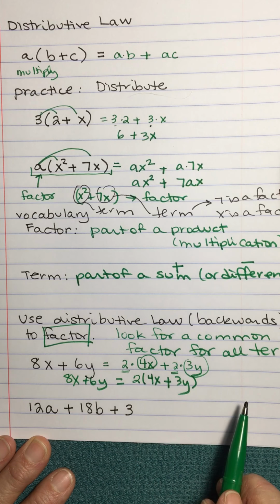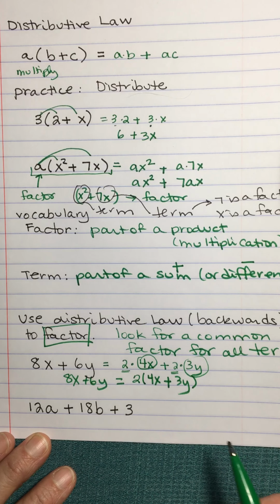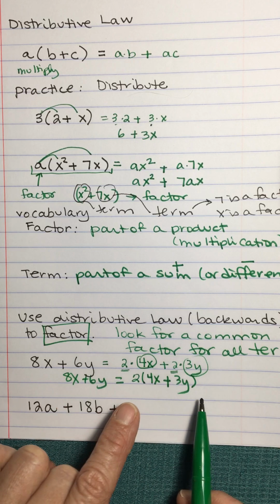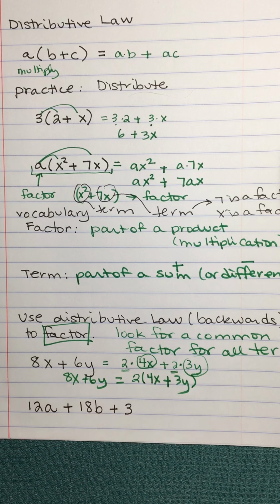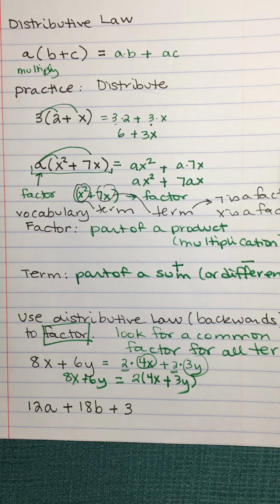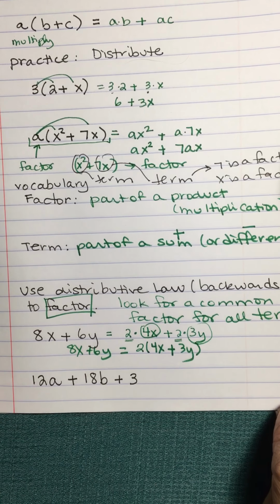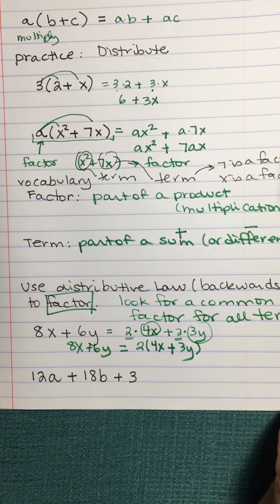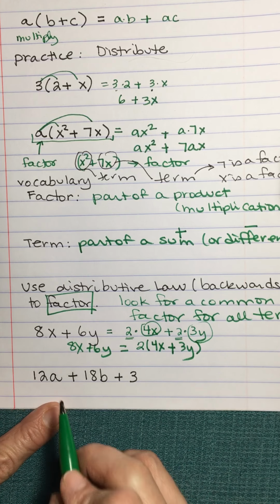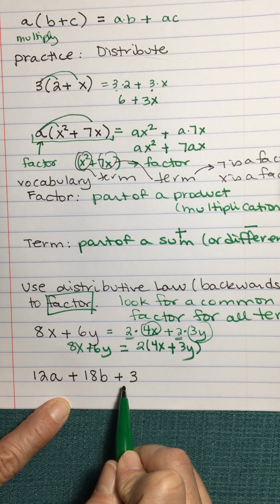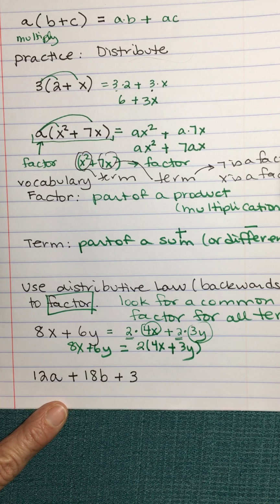So when we go in this direction, it's called factoring because we take these 2 terms and turn it into a multiplication. So let's try this last one. What number goes into all 3 of those terms? 12a plus 18b plus 3.